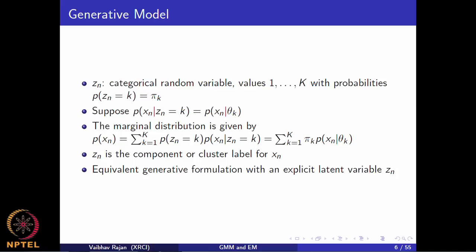I express it as probability of xn given theta k, where theta k represents the parameters. So, the marginal distribution you can express as probability of Zn equal to k, you select the component, and then the probability of xn given Zn equal to k, the probability of xn coming from exactly that component. By what we have assumed, the first probability is just pi k, and the second probability is probability of xn given theta k. So, this is an equivalent generative formula with an explicit latent variable Zn.